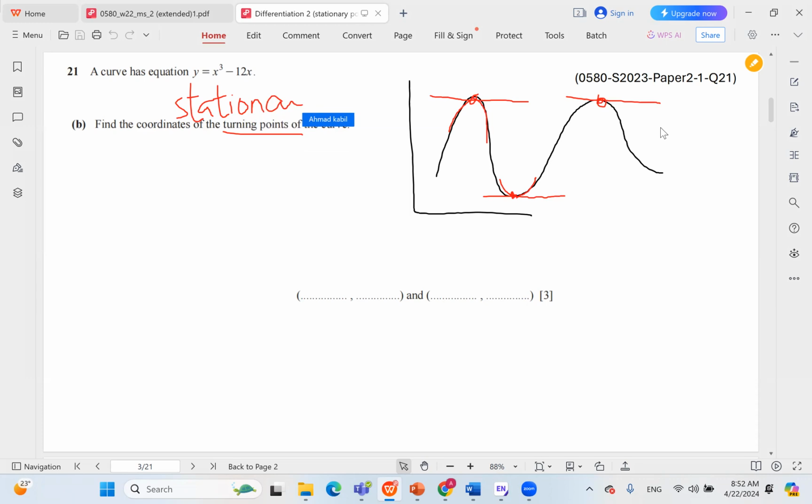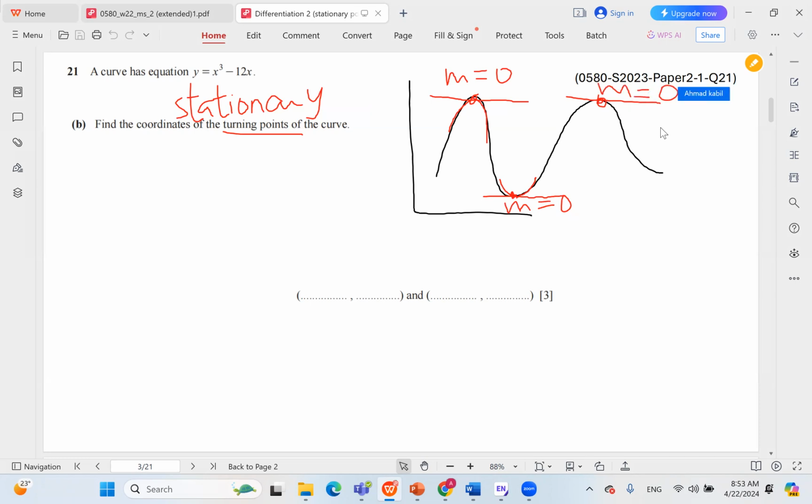So turning points or stationary points are points where the behavior of the curve changes from increasing to decreasing or vice versa. And they have a very important characteristic, which is that the gradient at these points is 0. So by definition, a turning point must always have 0 gradient.